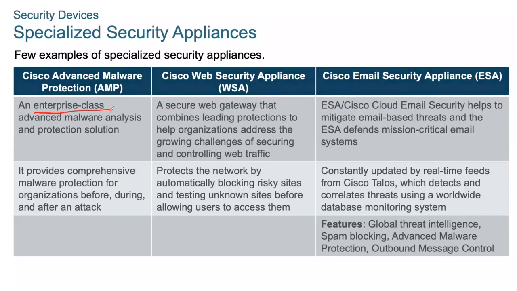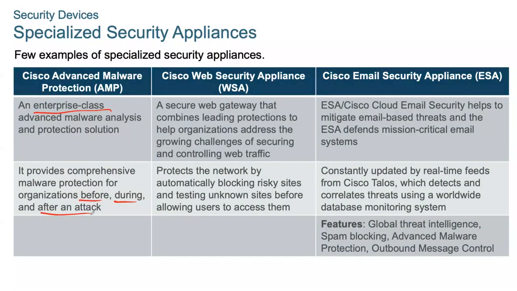Before an attack, the AMP strengthens the defense and protects against known and emerging threats. During the attack, AMP identifies and blocks policy-violating file types, exploit attempts, and malicious files from infiltrating the network.